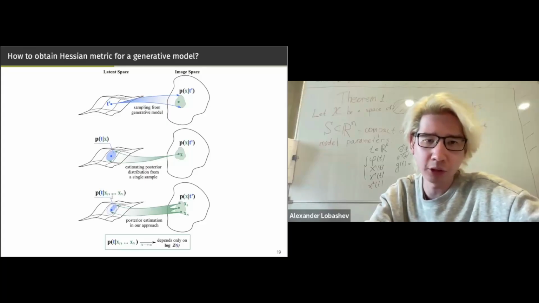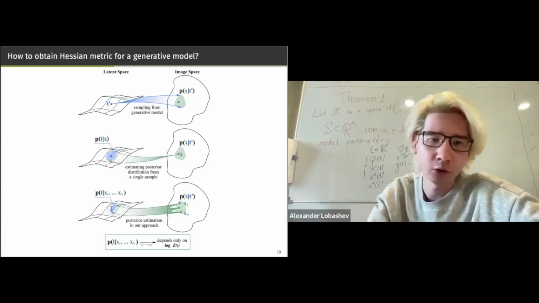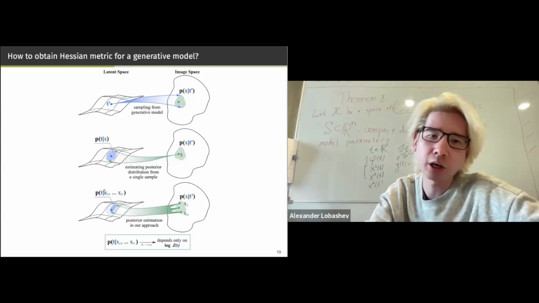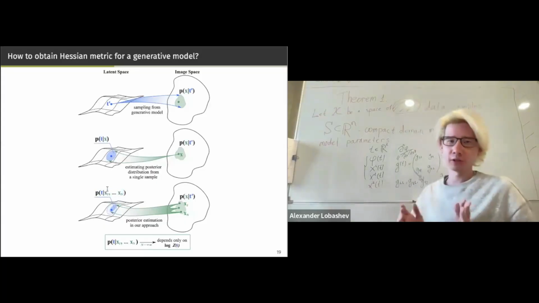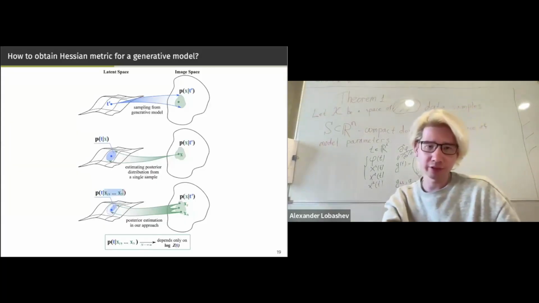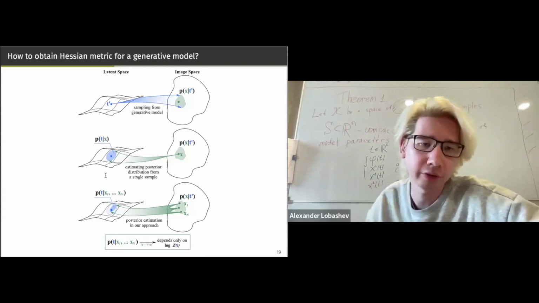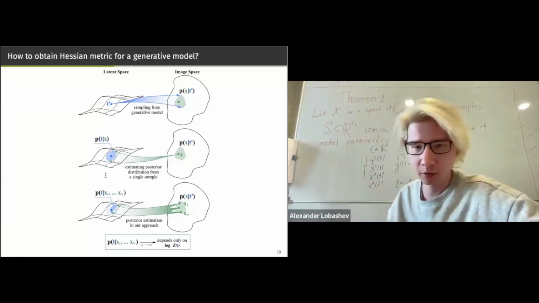For example, it could be a grid with probabilities on the nodes of this grid, or it could be a mixture of Gaussians. So this posterior distribution is some function which takes as input several images, and its output is a probability distribution on this latent space.